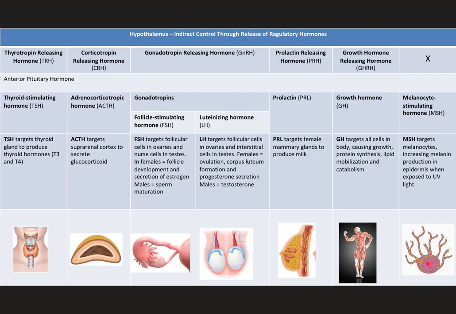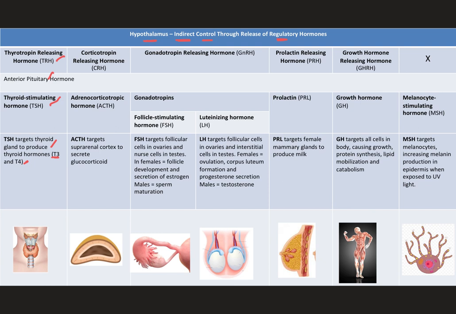This last slide is showing a review of what we talked about in the previous slide with regards to the anterior pituitary gland. But remember that now the hypothalamus is going to have an indirect control through the release of these regulatory hormones. So the thyrotropin releasing hormone will have an effect on the anterior pituitary gland by releasing the thyroid stimulating hormone, and these will target specific cells on the thyroid gland to produce T3 and T4.